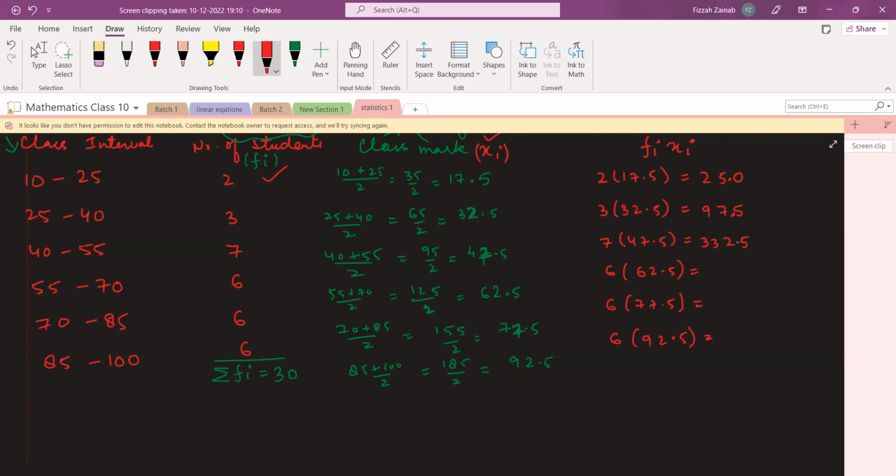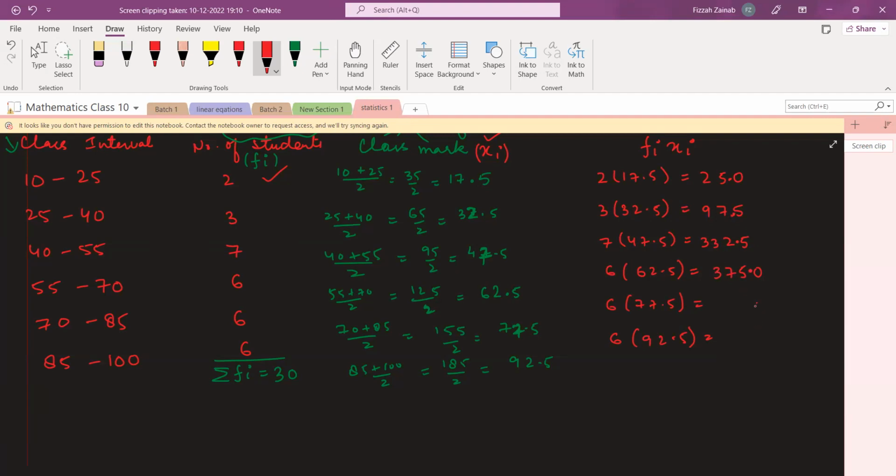So 332.5. Now here 6 into 5 is 30, carry 3, 6 into 2 is 12, 15, carry 1, 6, 36 and 1, 37. So 375.0.